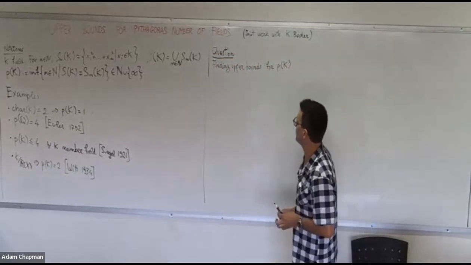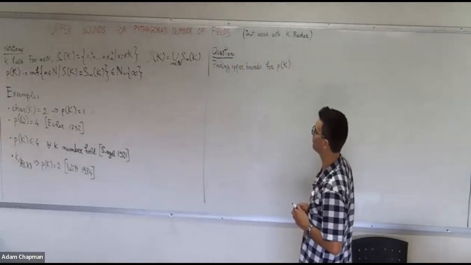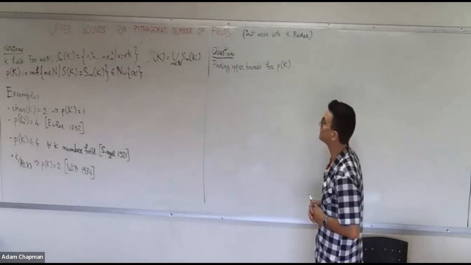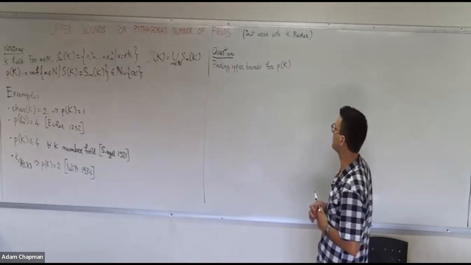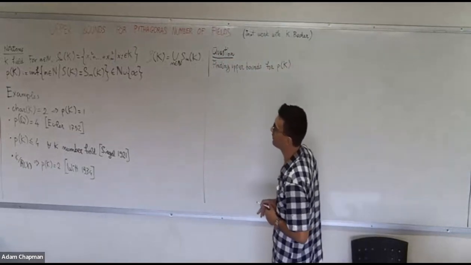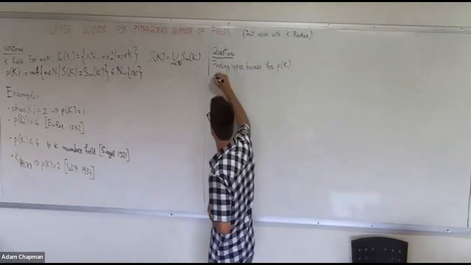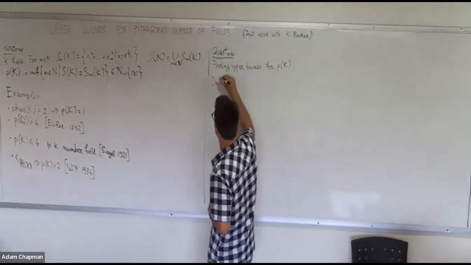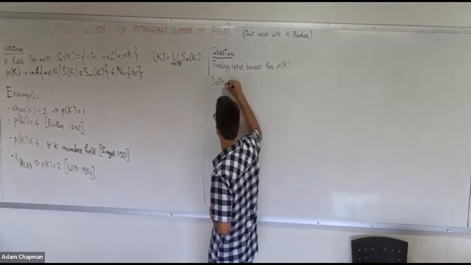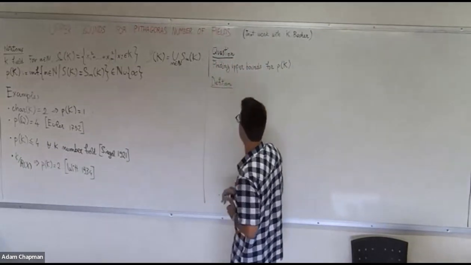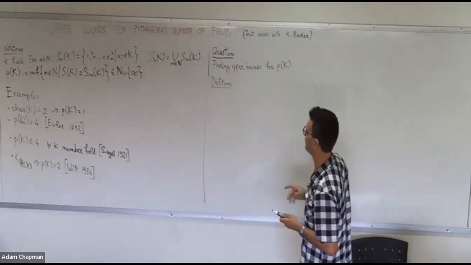Good. So let me mention one more thing. There is a class of fields, non-real fields, for which it's easier to find upper bounds. The real fields are defined as the ones with infinite level.